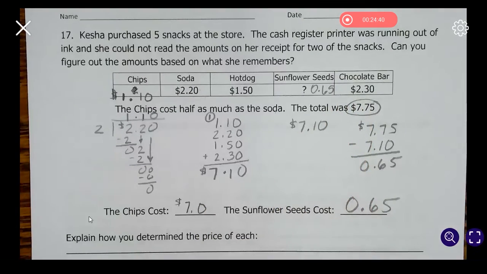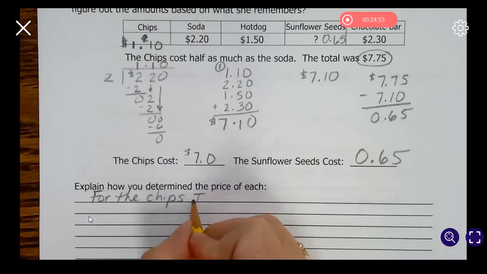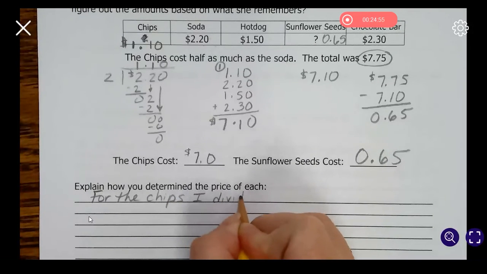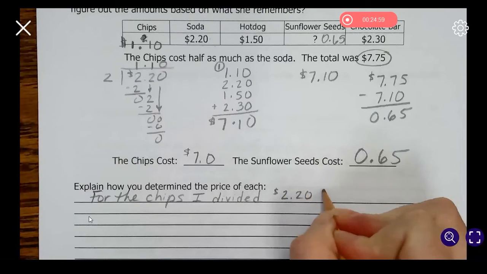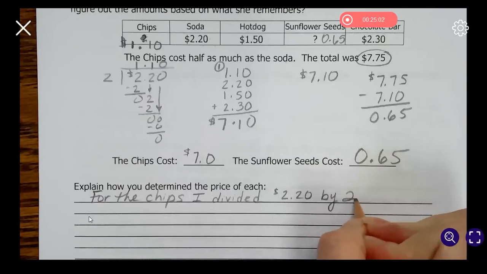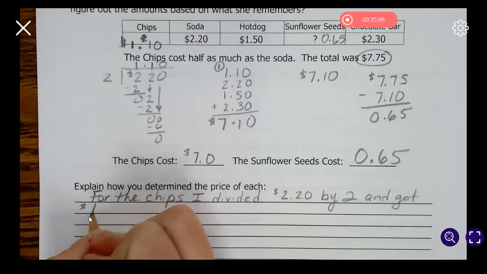Okay. All right, explain how you determine the price of each. Okay, so for the chips, I divided $2.20 by 2 and got $1.10.